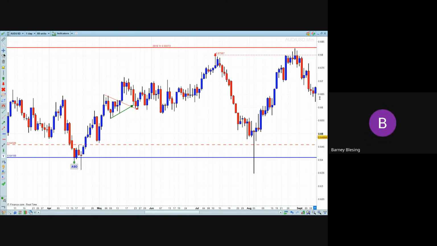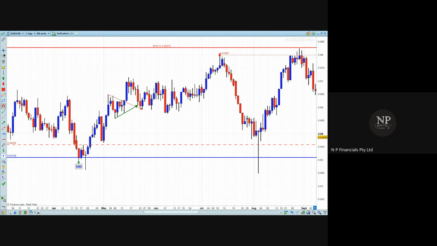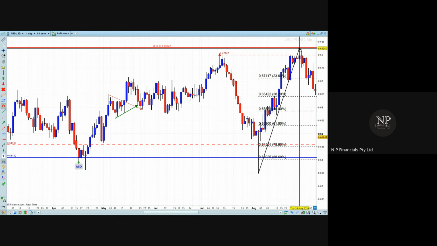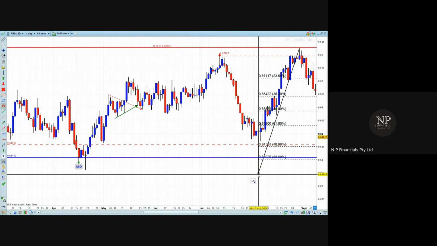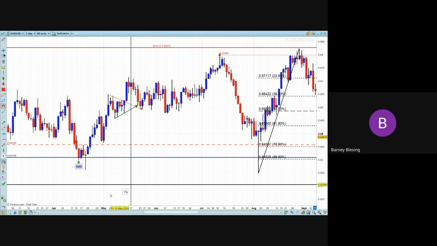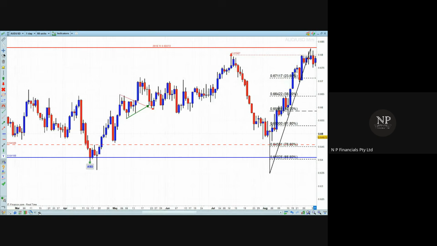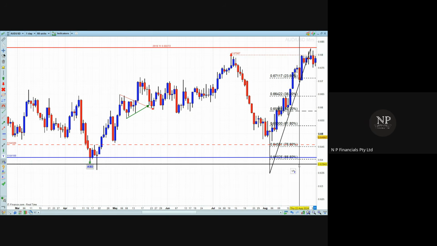Before we saw this hammer, when price is coming down, we need to draw the Fibonacci from left to right. So this is from left to right in an uptrend, from swing low to swing high, and then observe what the price is doing at 23, then 38, 50, 60, 78, and 88.6.